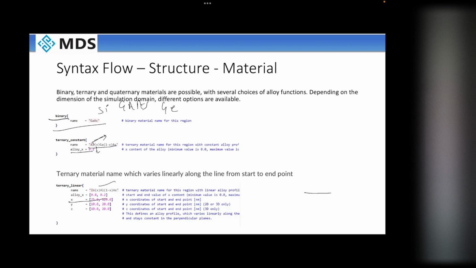Here it will be 0.8 concentration, and then it will reduce to 0.2. This kind of thing is also possible by the ternary underscore linear statement. So you can linearly vary throughout your substrate and check the functionality of the device later on.